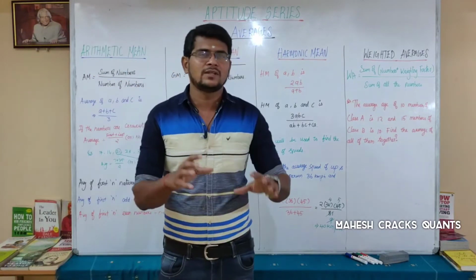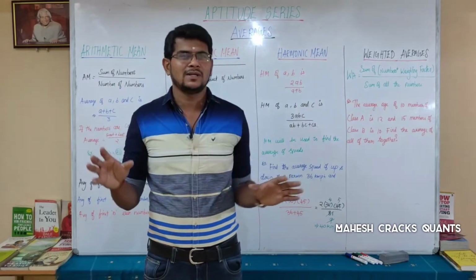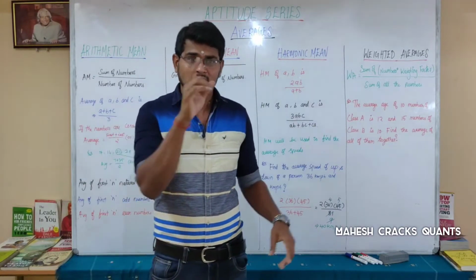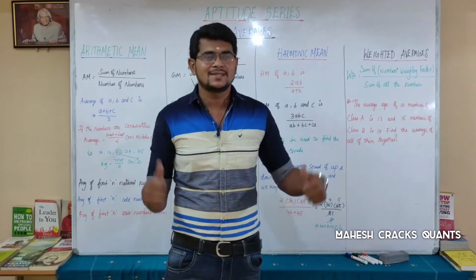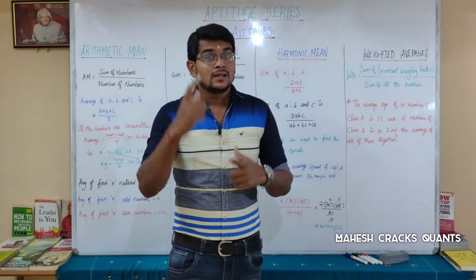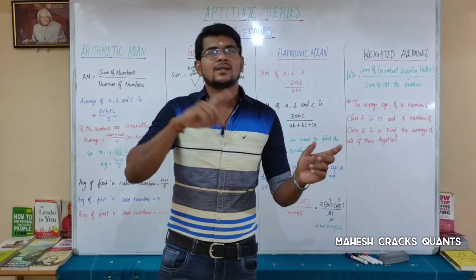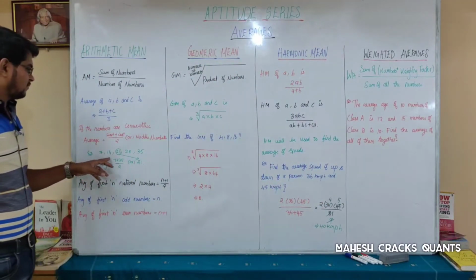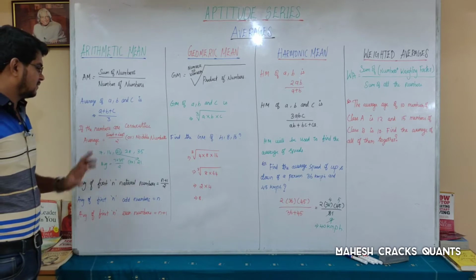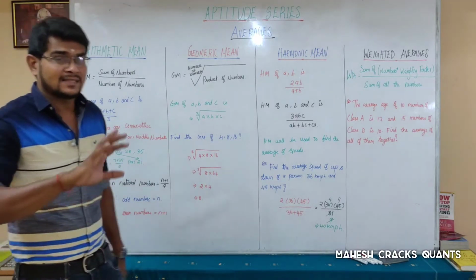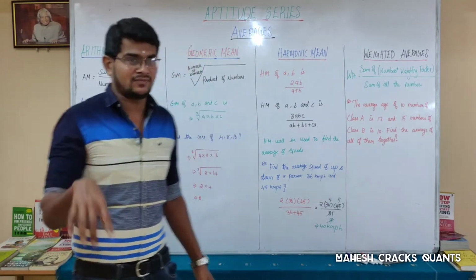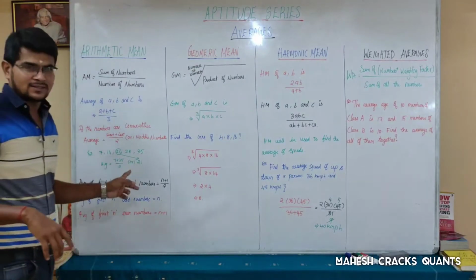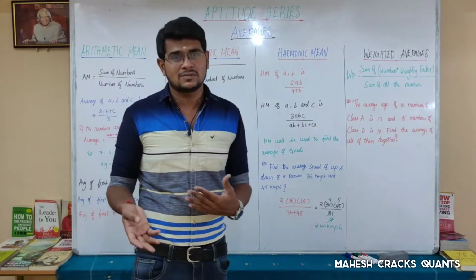Anything you can take. If there is an odd number of numbers, there will be a middle number. Then you can take that number as the average. At the same time, you can take first and last divided by 2. Example is given here. Just see 7, 14, 21, 28, 35. All have a common difference. 7 is the difference. So these numbers are consecutive, multiples of 7.